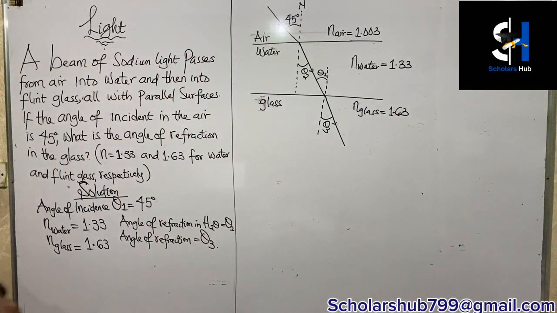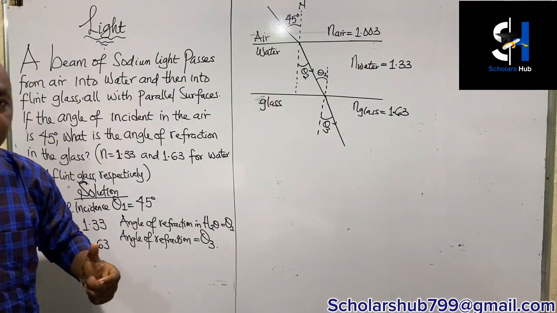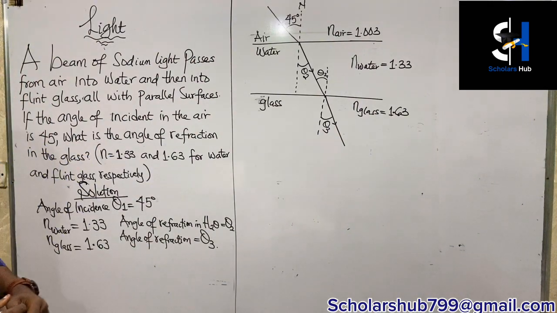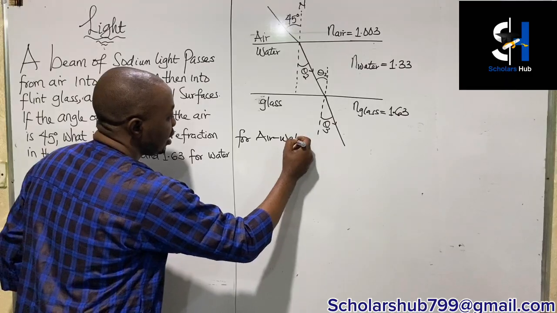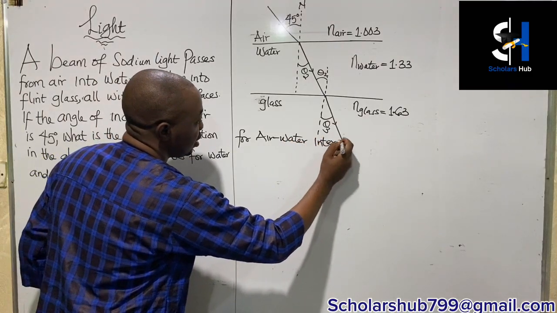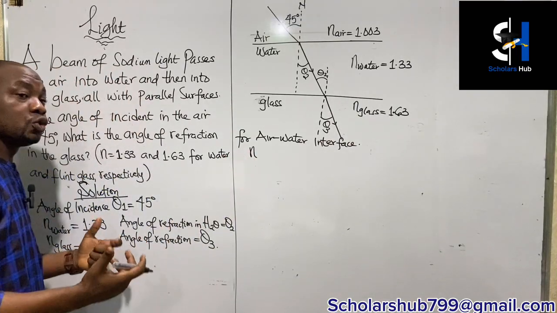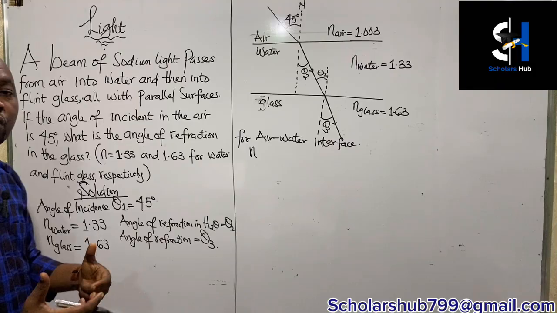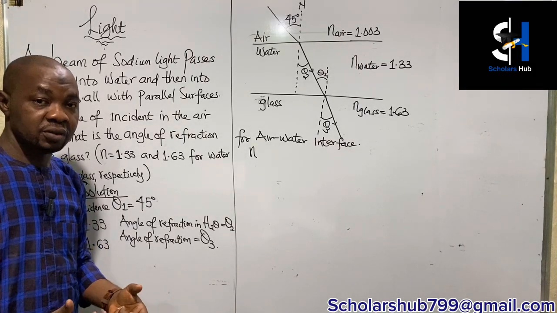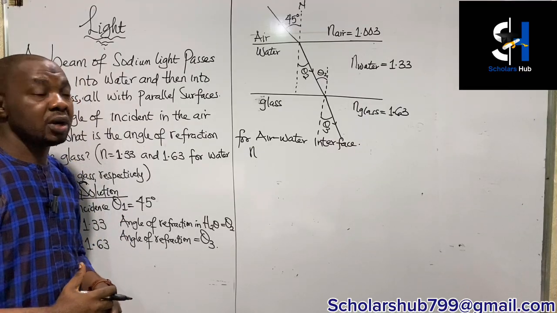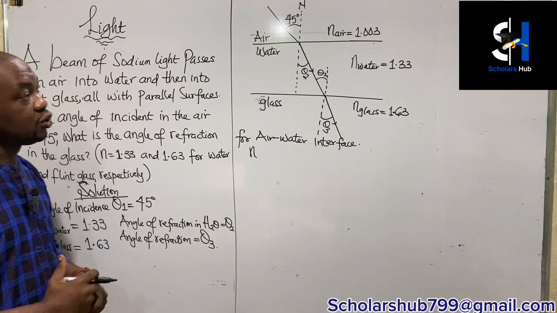All right, so to be able to calculate the value of theta 3, let's work with the first two material media, that is the air-water interface. For the air-water interface, according to Snell's law, we know that the ratio of the sine of the angle of incidence to the sine of the angle of refraction is proportional to the reciprocal of the absolute refractive index of one medium with respect to another medium.